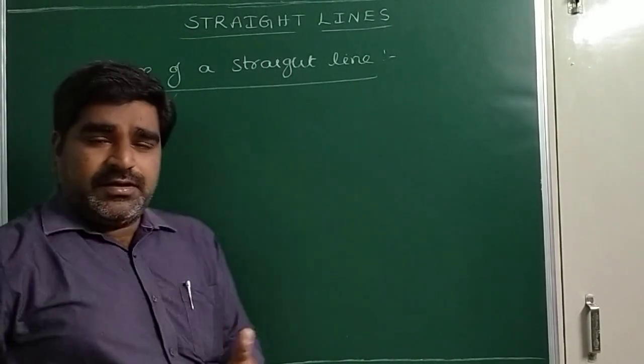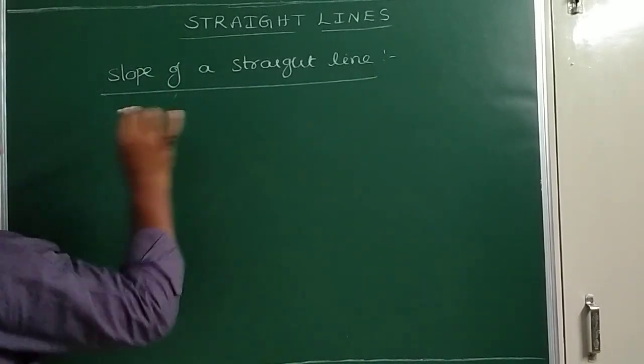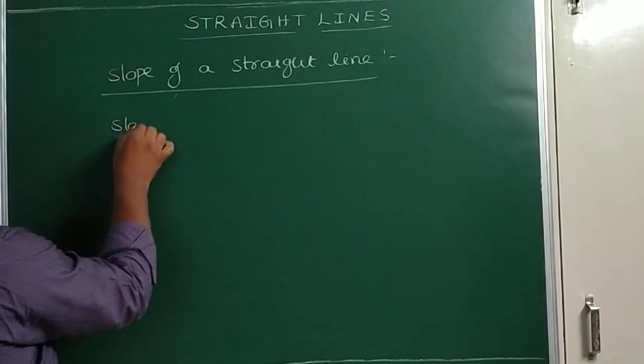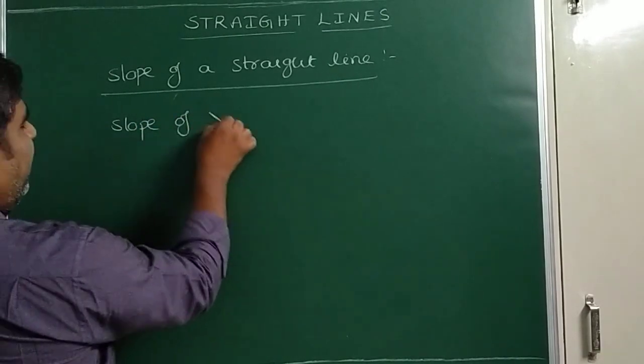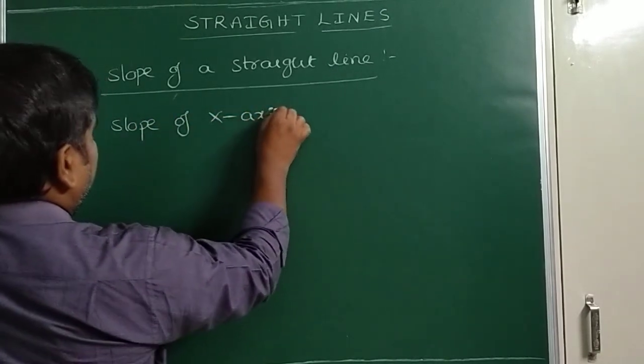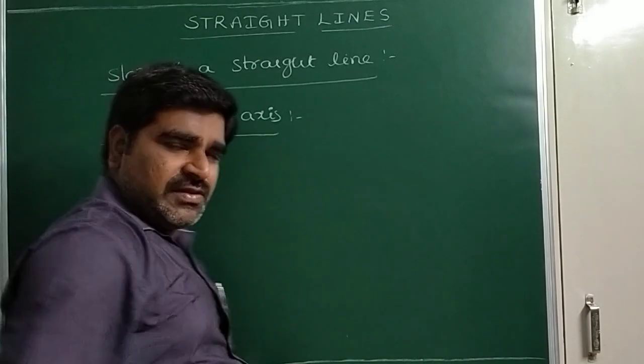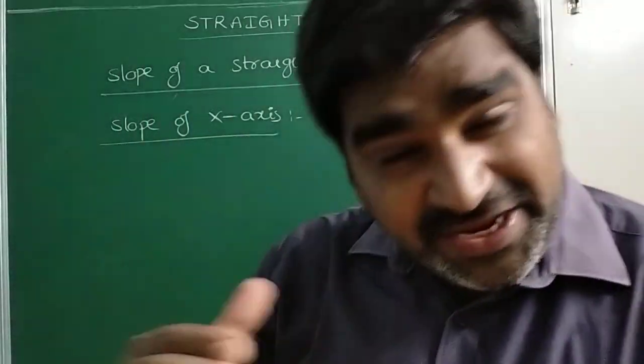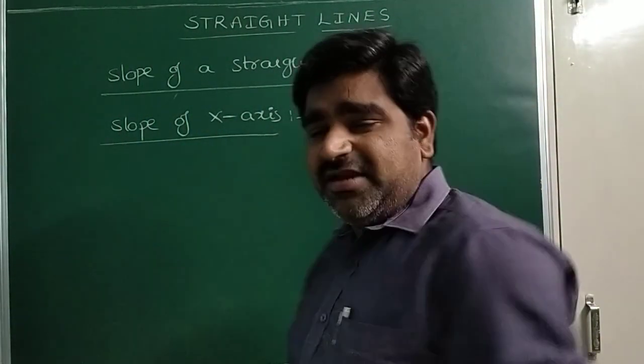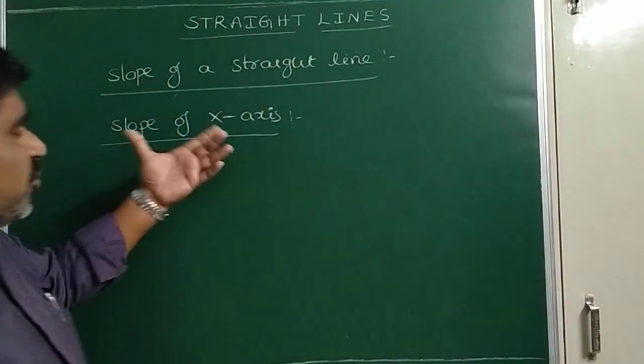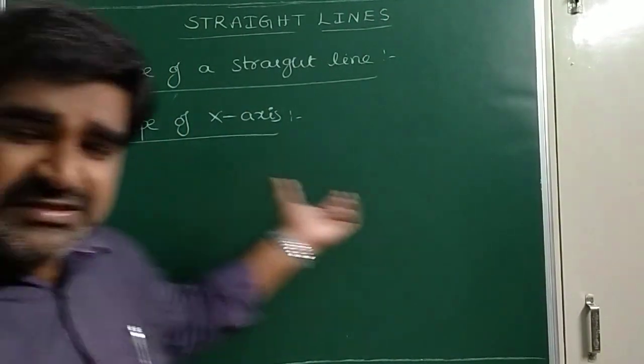Now I'll ask you a small question: the slope of x-axis. We just discussed inclination and the slope of a straight line, so now I want to find the slope of x-axis. Of course, x-axis is a straight line.